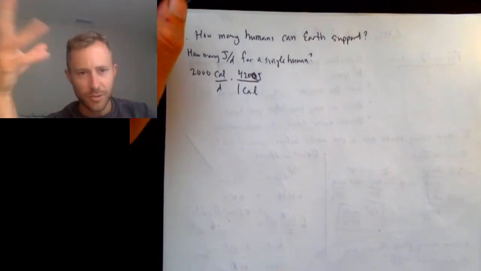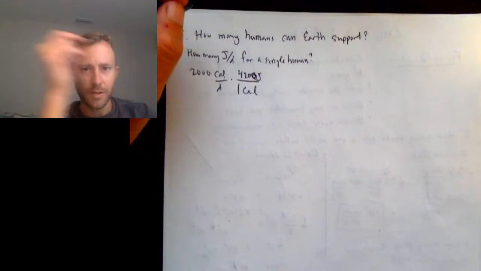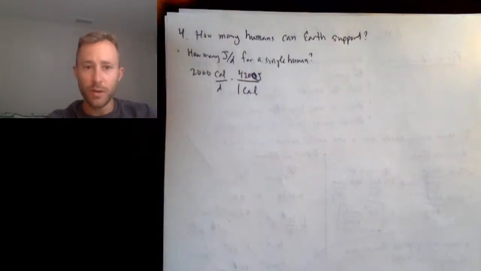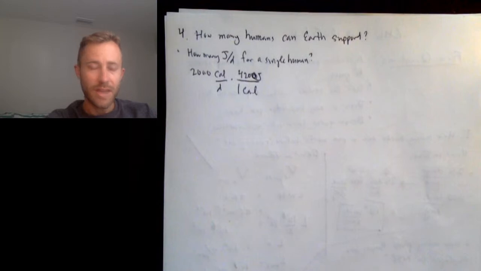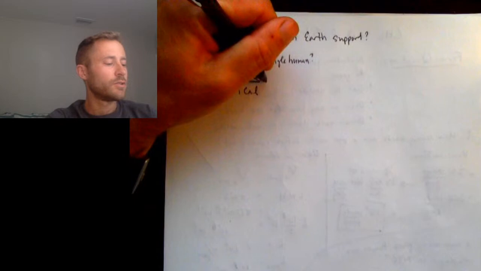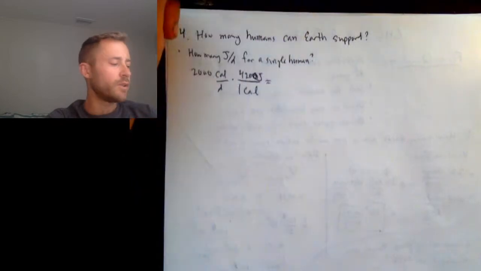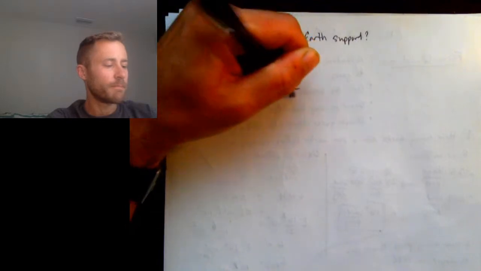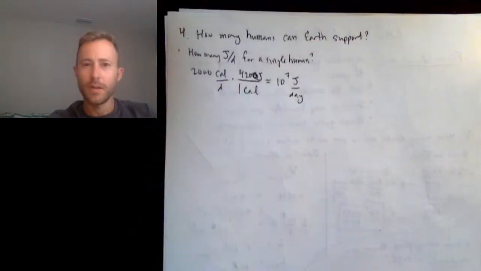It helps to know various constants and things like that. So this is 2,000 times 4,000. That's like 8 million, which is approximately 10 million. So you need roughly 10 to the 7th joules per day. Okay.